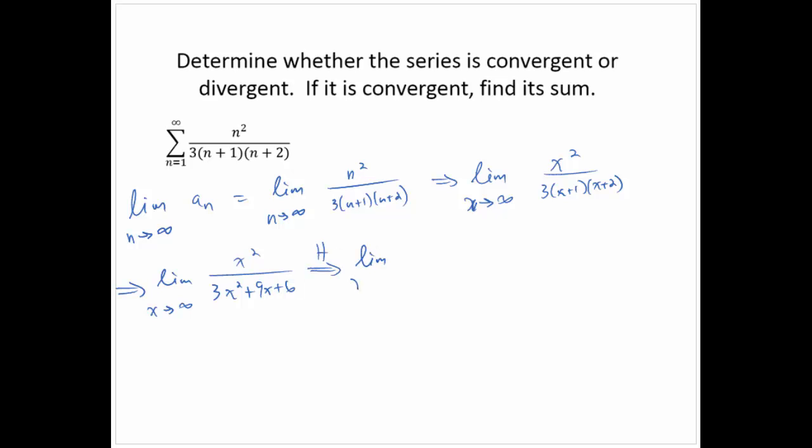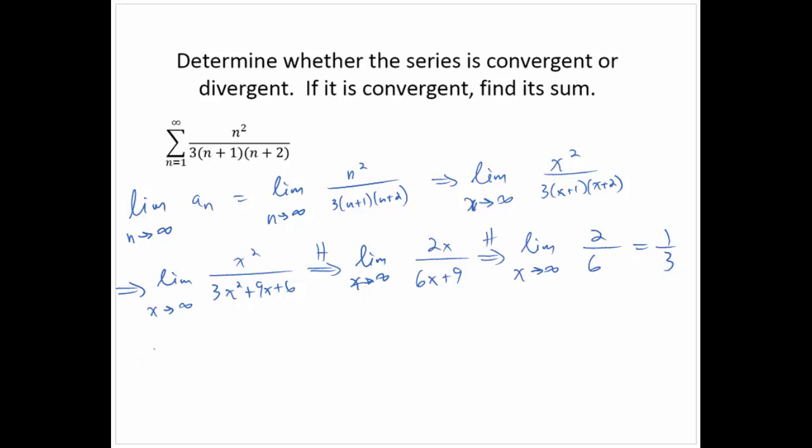That would be the limit as x approaches infinity of 2x over 6x plus 9. That again gives me infinity over infinity, an indeterminate form. I'll apply L'Hopital's rule again, and so this becomes the limit as x approaches infinity of 2 over 6, which is exactly 1/3.